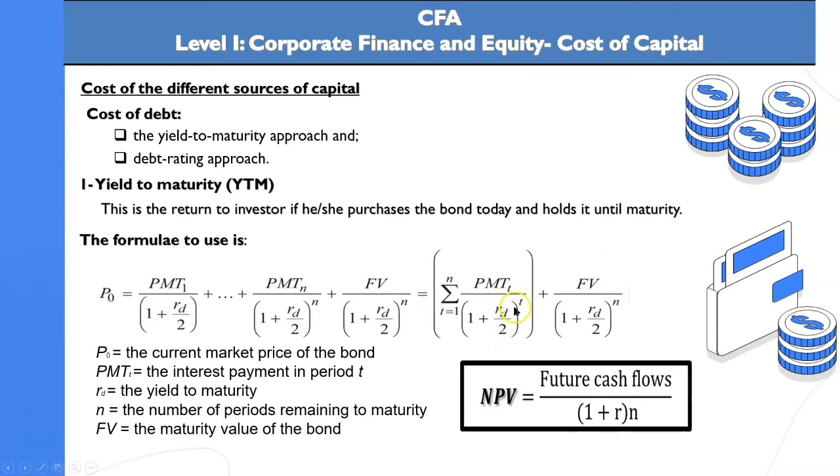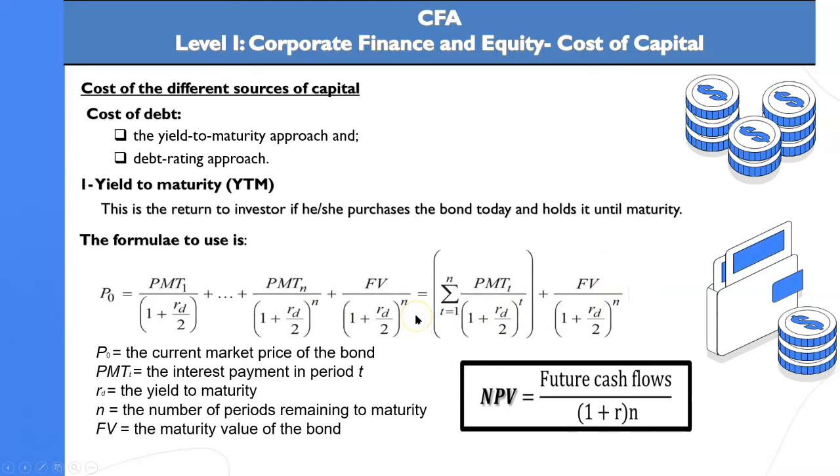And T is the time, plus the face value. That is the future value you get after 10 years, the 1,000 value of the bond, or the nominal face value of the bond issued for $1,000 and collected by the company. They will repay you the 1,000 after N years, that is 10 years.